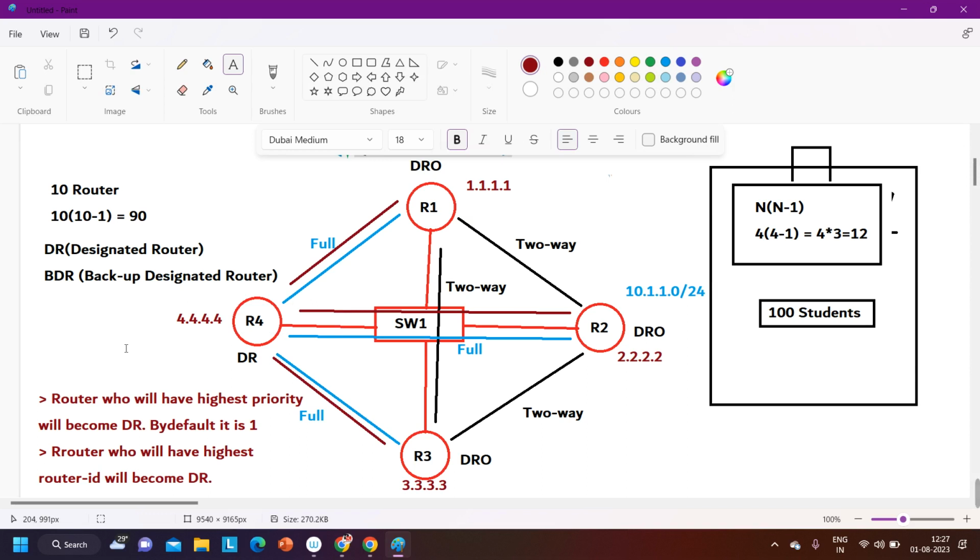And if you want that a particular router should never become DR, then you can configure priority 0.